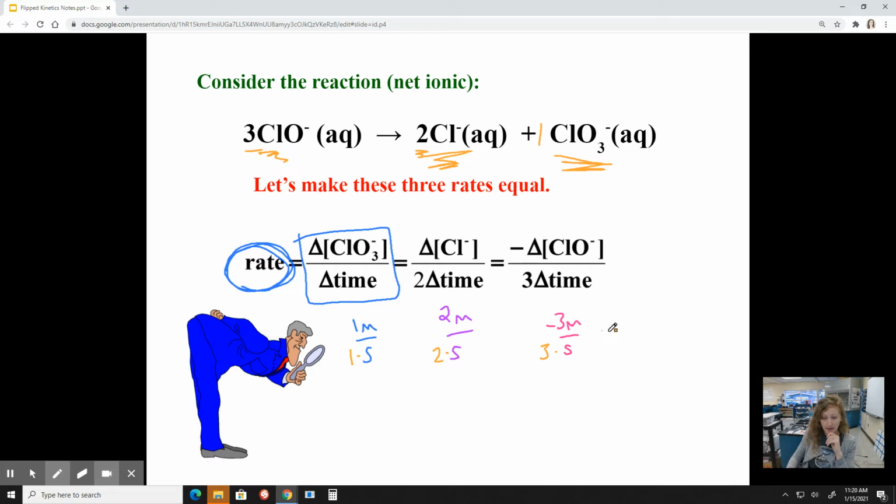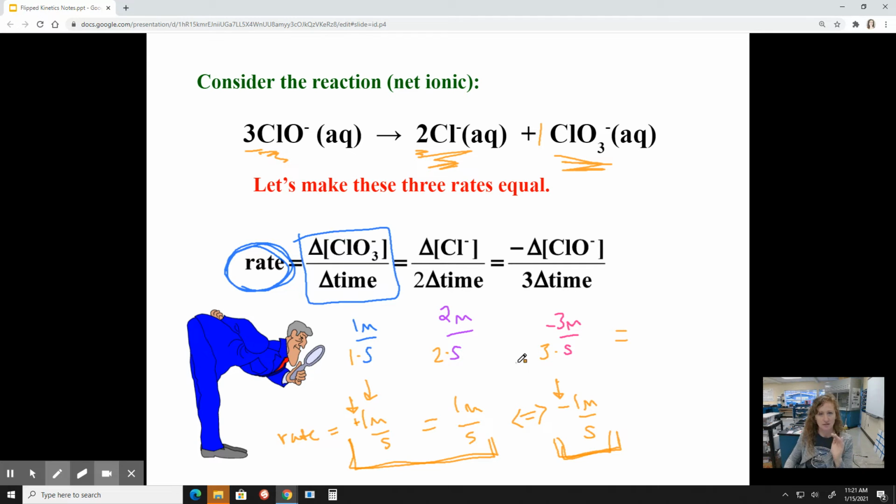So notice if I do that, all of a sudden I come out with a rate that is, for each one of these, consistent. Now notice it's still going to be positive for the products. It's still going to be negative for the reactants. Remember, products are appearing, reactants are disappearing. So you want that communicated through the sign of your rate. But it gives us an equal or equivalent rate depending on the molecule we're talking about.